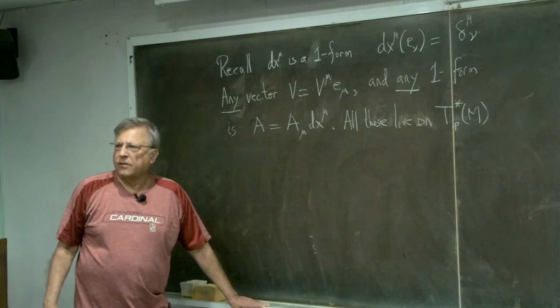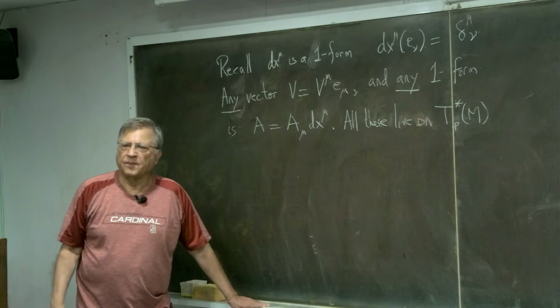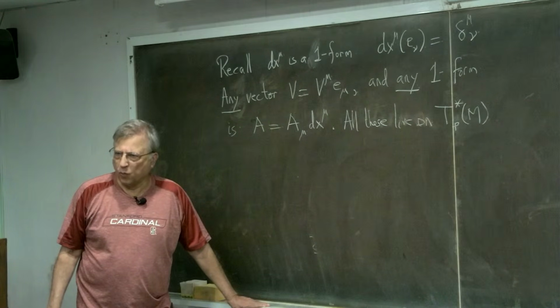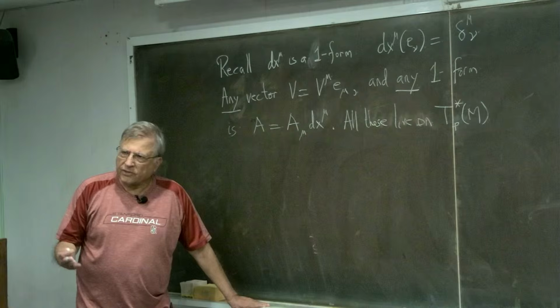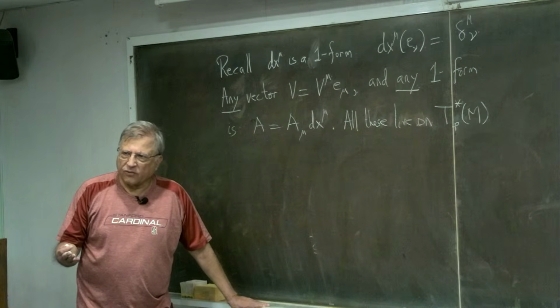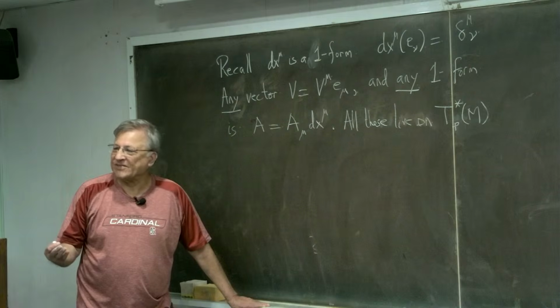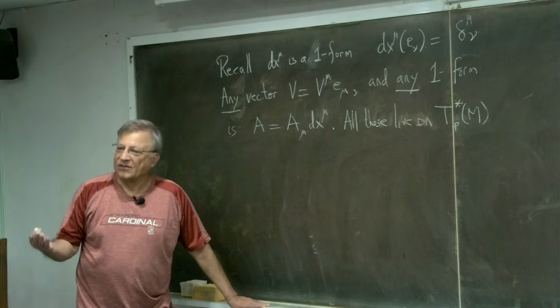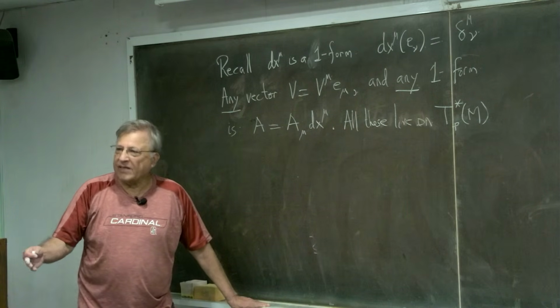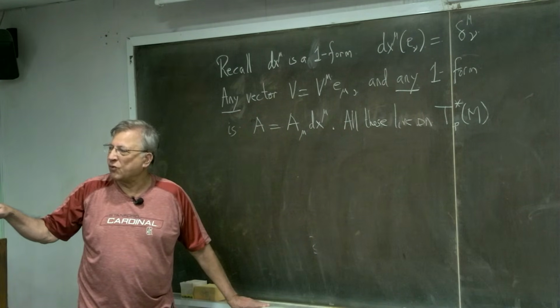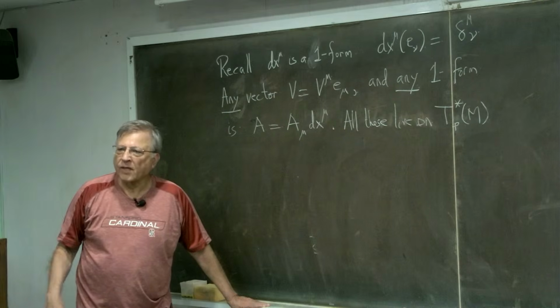At this point, we have only one forms, and now we will define what is called the wedge product of two one forms. So you see, when we talked about vectors, we talked about multiplying vectors, and we said there's something called the dot product. The dot product of A dot B we defined as g mu nu A mu B nu.